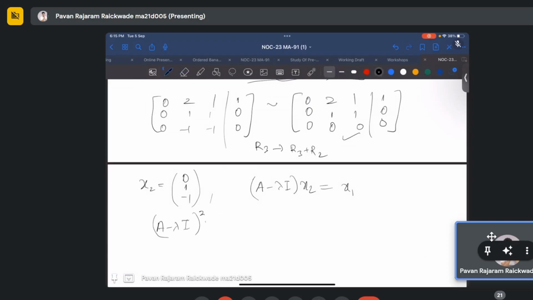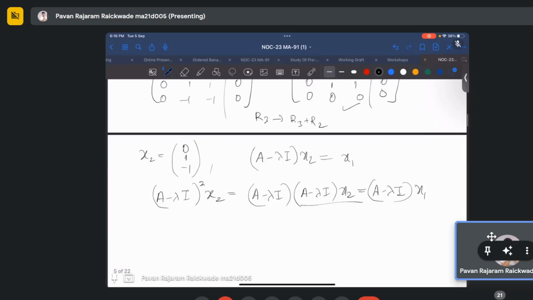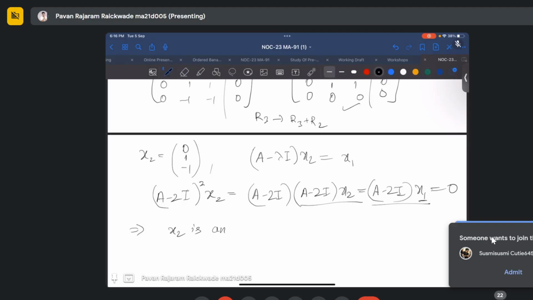If I do this, (A minus lambda I) squared x2 is (A minus lambda I) times (A minus lambda I) x2, but I know (A minus lambda I) x2 is equal to x1, and since x1 is an eigenvector, forgive me for writing lambda always, we know lambda is 2, hence this is 0, which implies x2 is a generalized eigenvector.